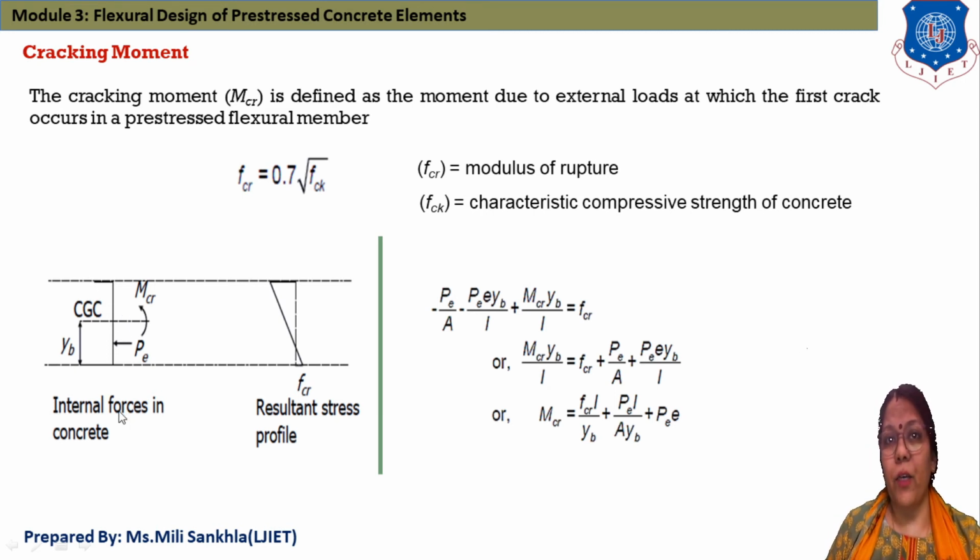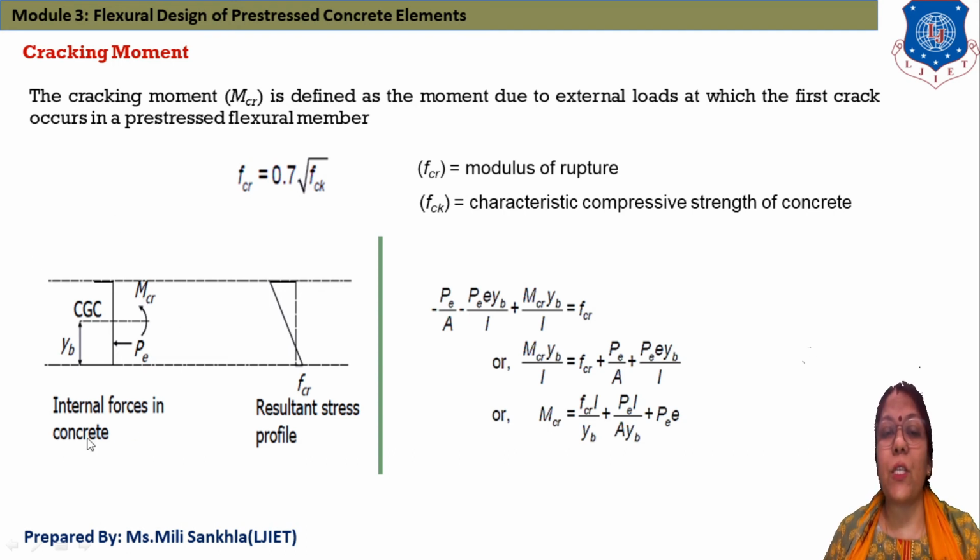Here in the first image, vertical section of pre-stressed concrete member is given, and this is the centroid of concrete, and bottom is our bottom fiber, and above the CGC level is our top fiber. Now here pre-stressing force P is given. P is a horizontal force and this YB is our vertical distance, and cracking moment is developed in our section.